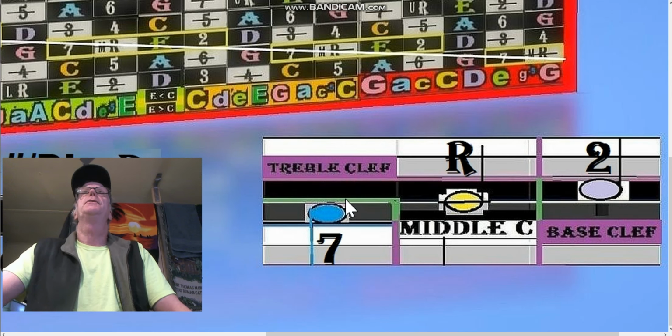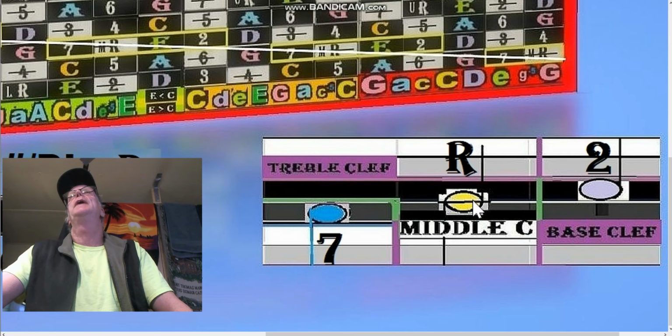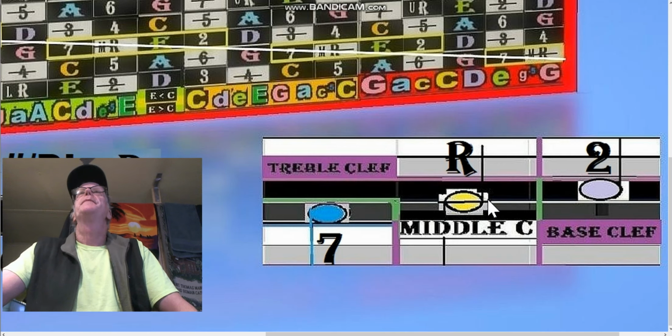Now in this notation we have B, C, and D, and as I said, middle C looks like Saturn. I drew an entire line through it, but you won't see that line on the music staff, because it's in between the bass clef and the treble clef. Okay, so that's what that looks like.